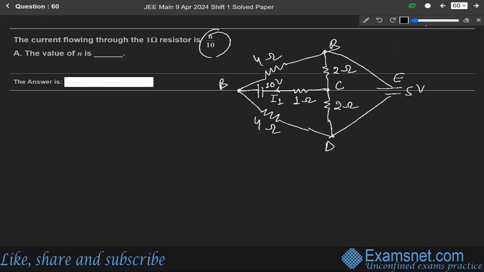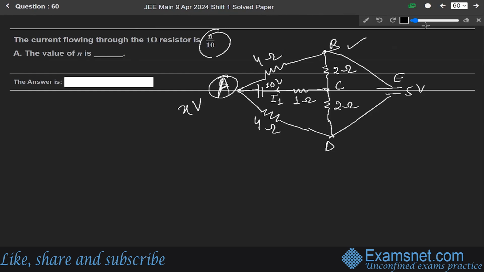N by 10, the value of N is, okay, this is 5 volt now. So let us put the value here in place of B. Sorry, this must be point A, not B, because B is here. Let us say this is point X volt.